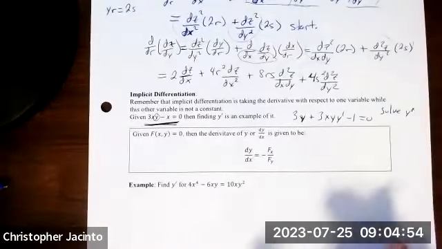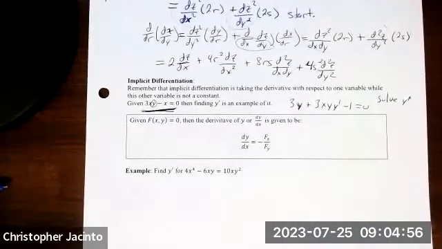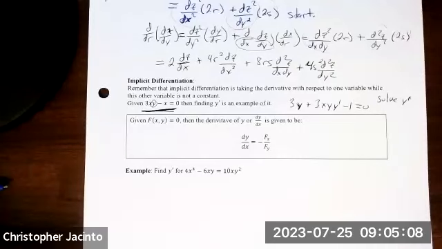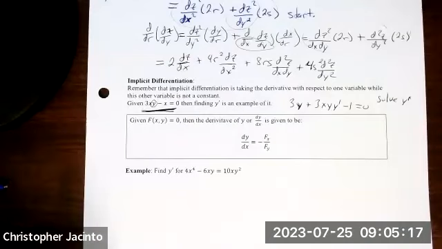So this is kind of what we're doing here, but it's actually much easier than you may think. Because given a function f that's equal to 0, then the derivative of y, or dy/dx, is given to be this, which is actually much nicer to deal with, because now all we have to do is find the partial derivatives with respect to x and y and just put them into a fraction format. And that's guaranteed to be our implicit derivative, or solving for dy/dx.